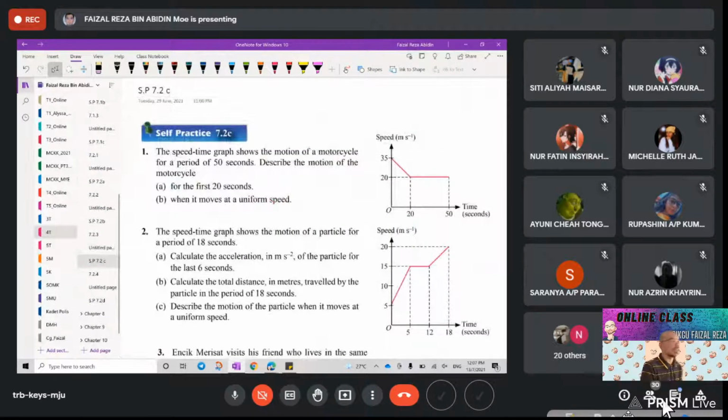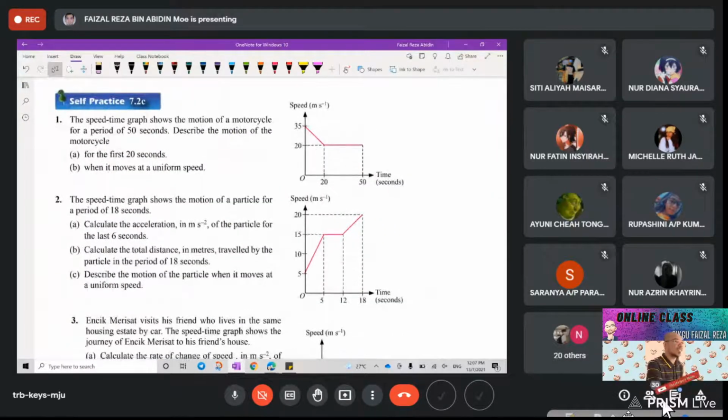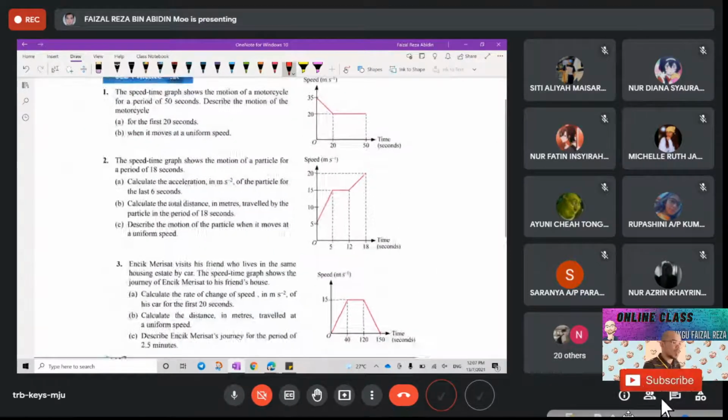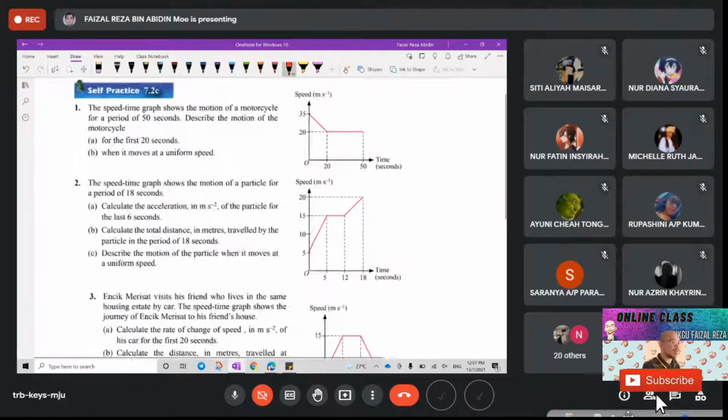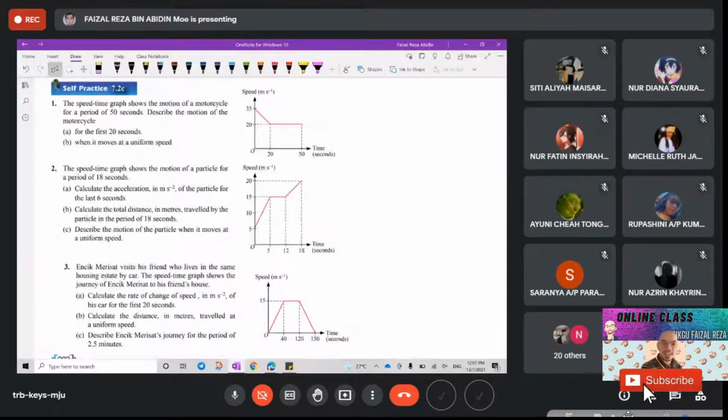So it's going to be your self practice over here. We have 3 of our self practice over here. Can we do all 3? If none of you have an objection, I'm going to proceed with 1, 2, 3.